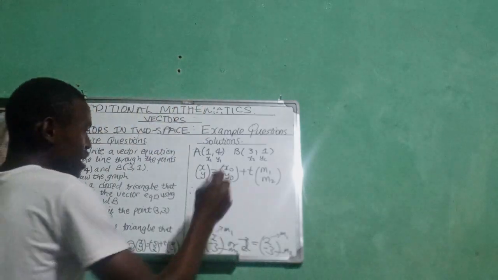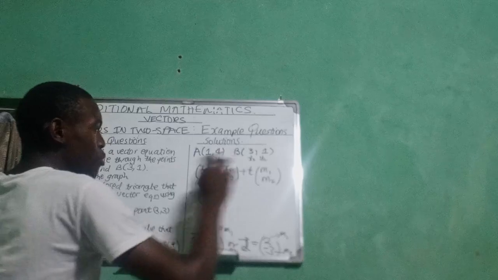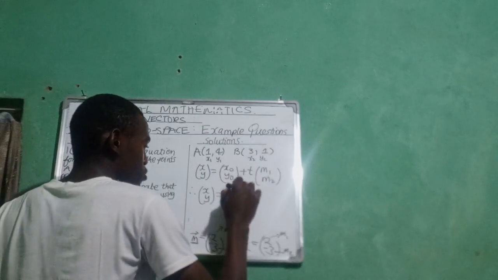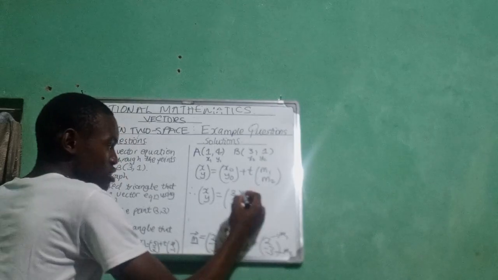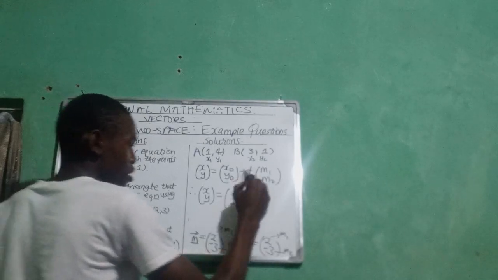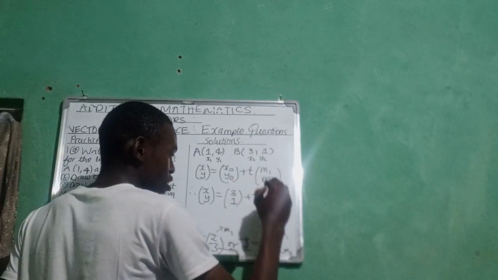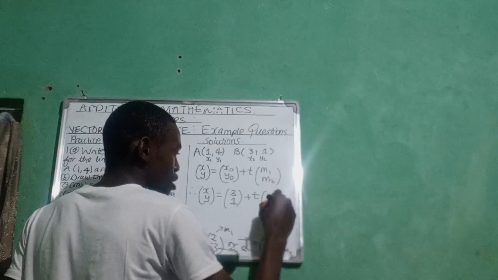So I can pick any of these coordinates. I'm going to choose (3, 1), because this is the x component, this is the y component, plus the parameter t, then we have (2, -3).